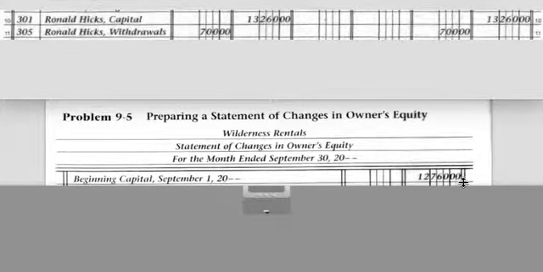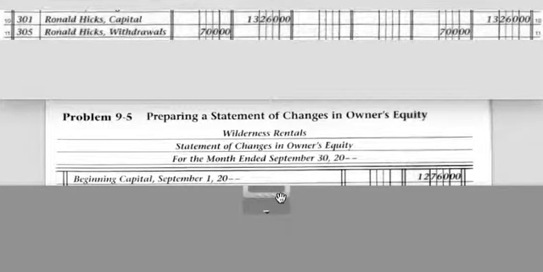And so in the right column of the statement of changes in owner's equity, you're going to write $12,760. To check if you're correct, take this beginning capital amount of $12,760, add the investment made during the month of $500, and you should get $13,260, the ending balance shown in your worksheet.